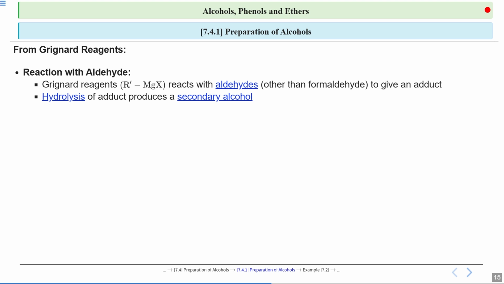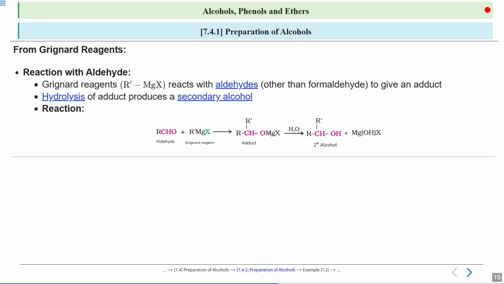So what does it mean? It means that the only aldehyde which is going to give us a primary alcohol after the reaction with Grignard reagent is formaldehyde. All other aldehydes are going to give us a secondary alcohol.